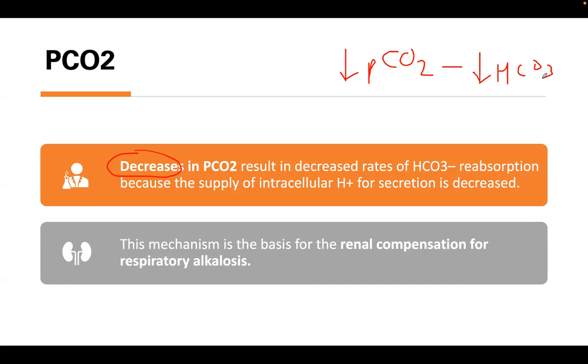Is it respiratory or is it renal/metabolic? It should be renal or metabolic. Always remember that.